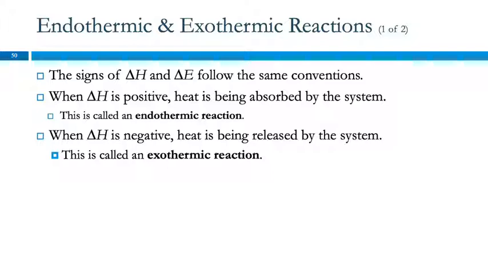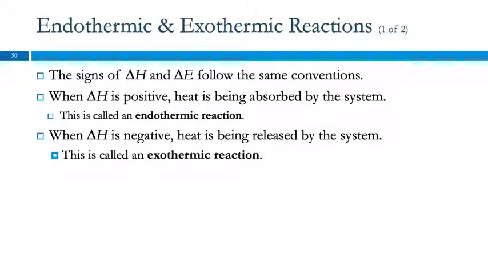Okay, so the signs of delta H and delta E follow the same conventions. They are both changes in energy. So when delta H is positive, heat is being absorbed by the system. Heat is going into the system.